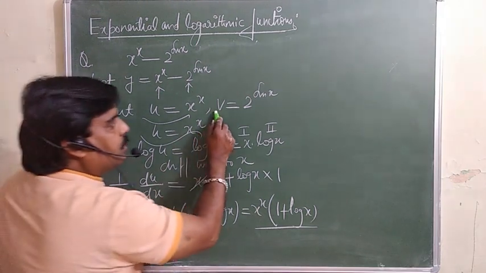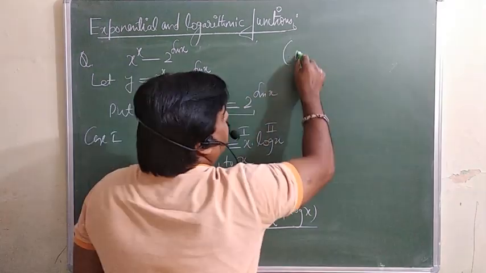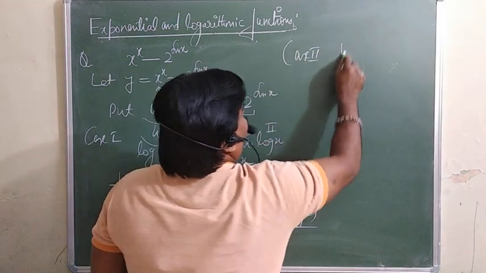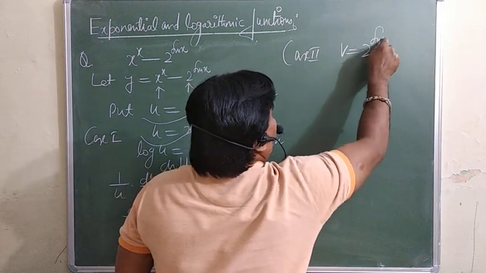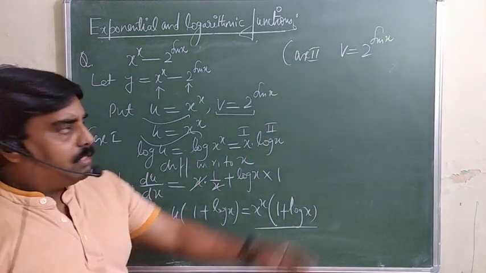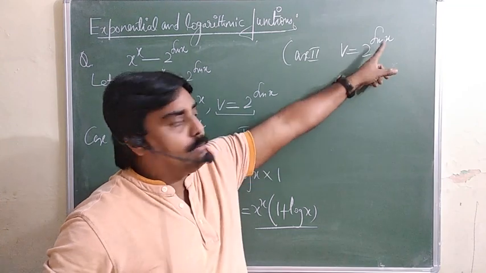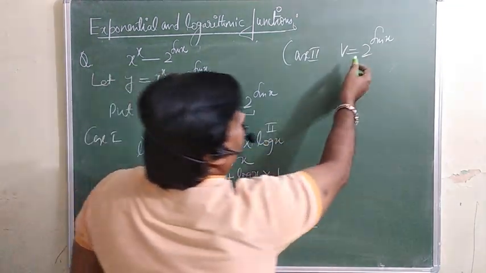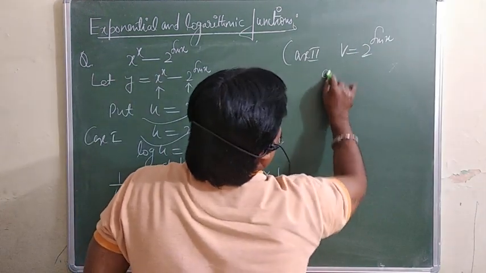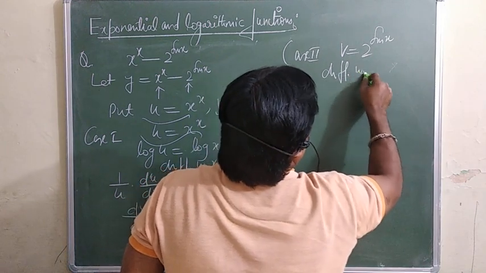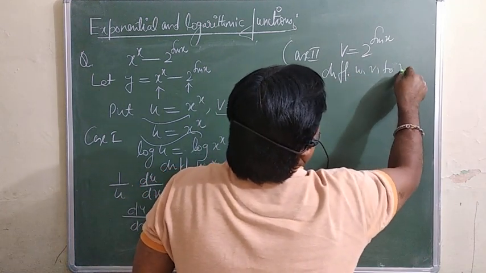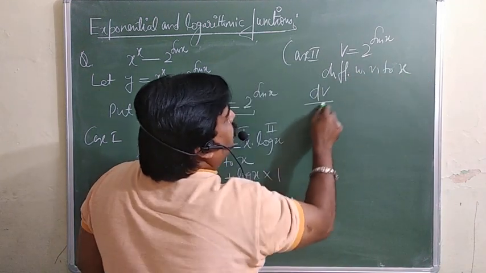Now separately you can take this one in the second case, that is v is equal to 2 raised to power sin x. So here there is no need to take the log, it is directly a raised to power x, you can do that. Differentiate with respect to x. So this is dv over dx.